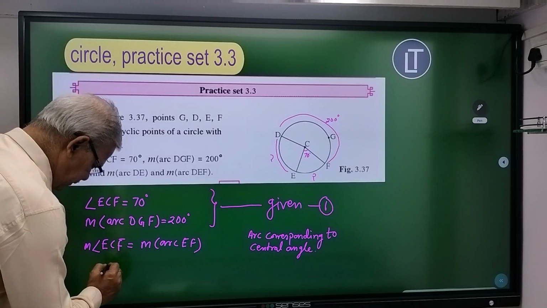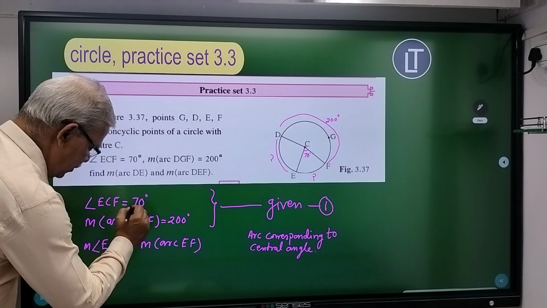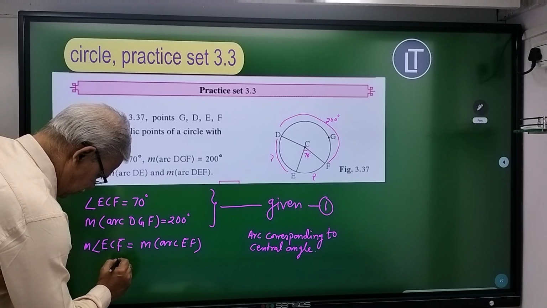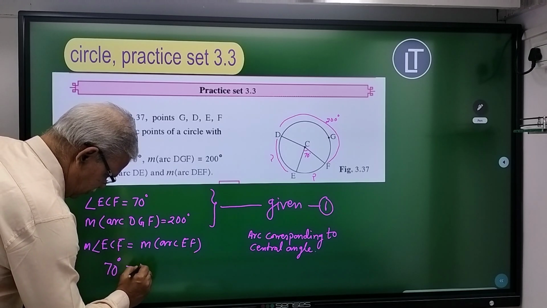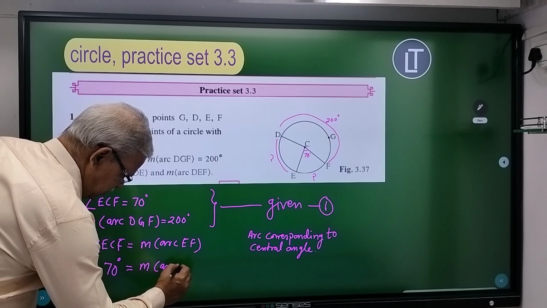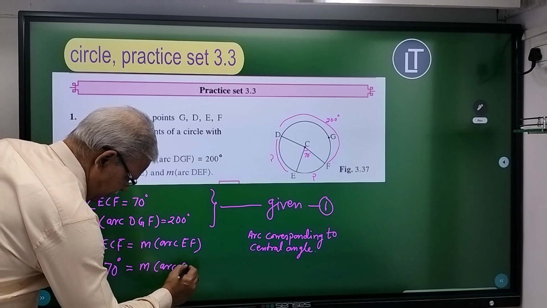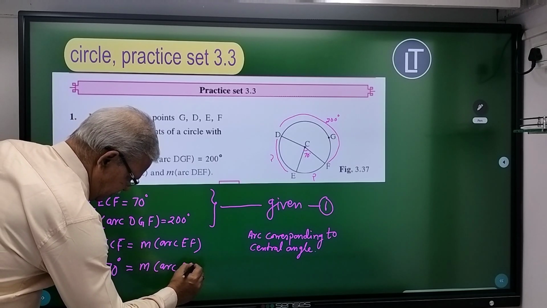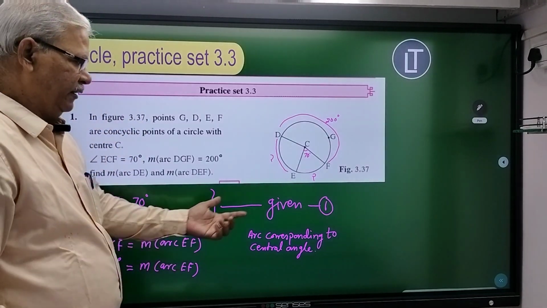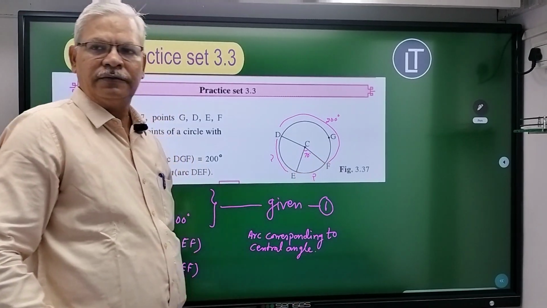Therefore, here its value is given how much? 70 degrees. We will write here, measure of arc EF is equal to 70 degrees. Okay.